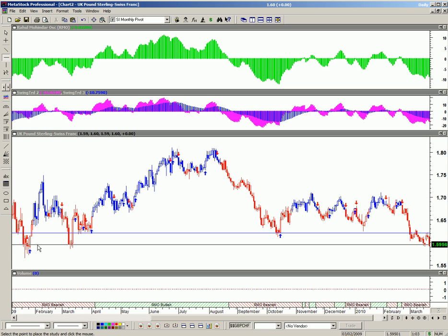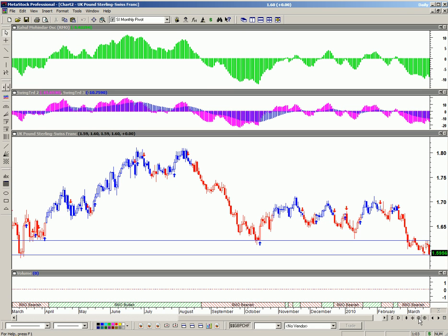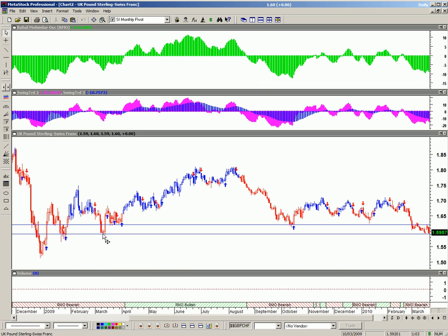But we're looking for possible areas of resistance and support now, and you'll notice that at the close of Friday we saw a lot of selling off right to a possible support level at 159.32 and a bit, and you can see how it bounced off in the past, the early part of March of last year, and even the early part of 2009.